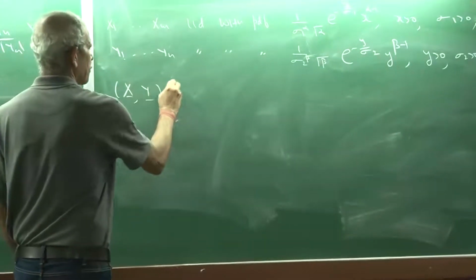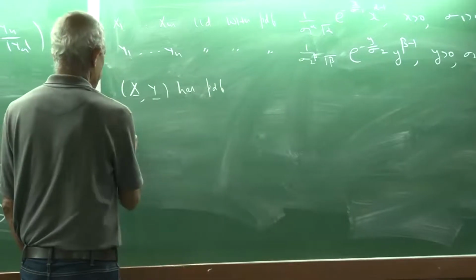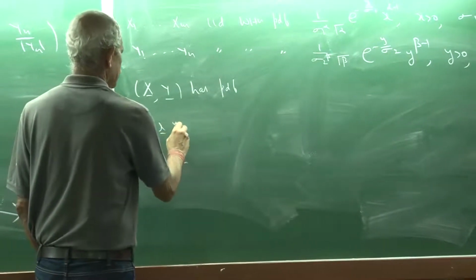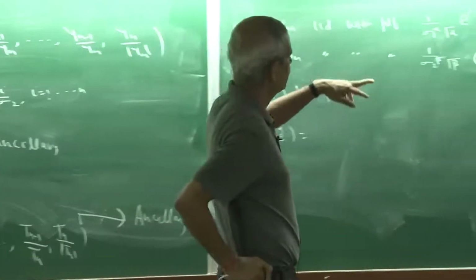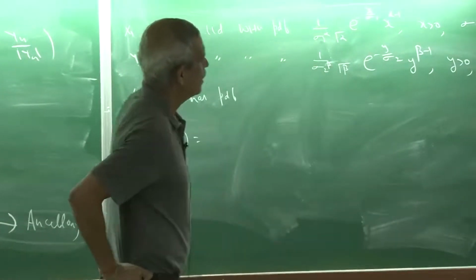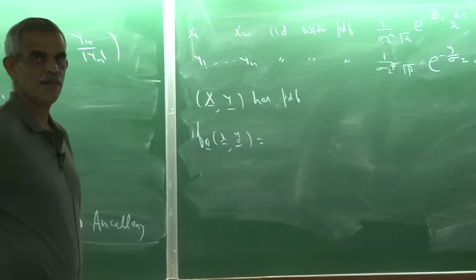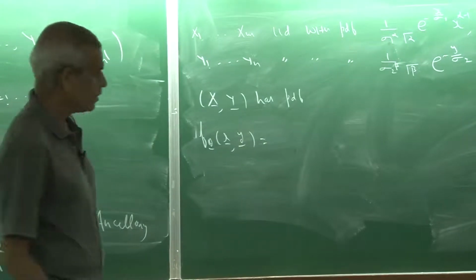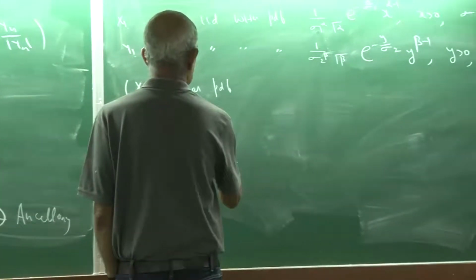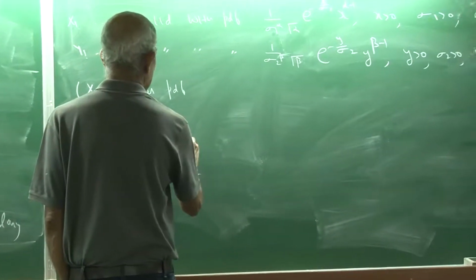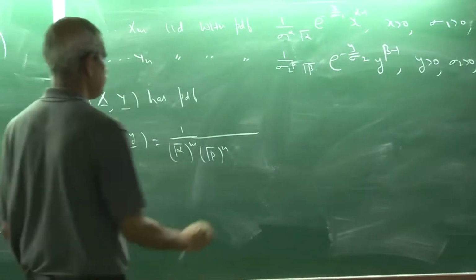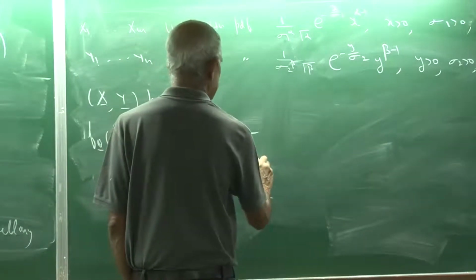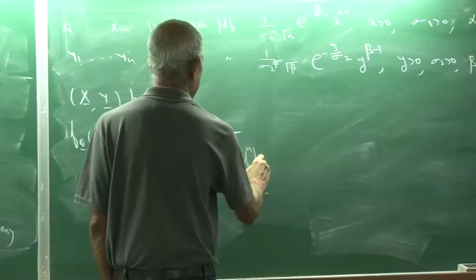So what is the joint PDF of x and y? F theta x comma y. So what do you get over here? 1 by gamma alpha to the power m, gamma beta to the power n, sigma 1 to the power m alpha, sigma 2 to the power n beta.